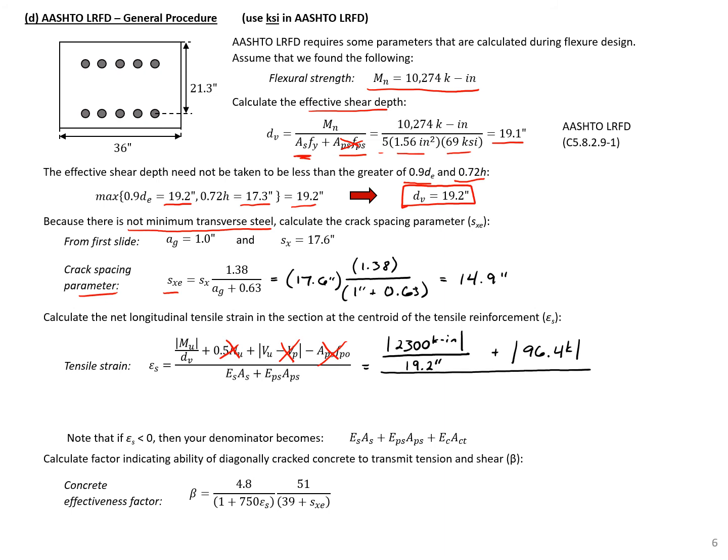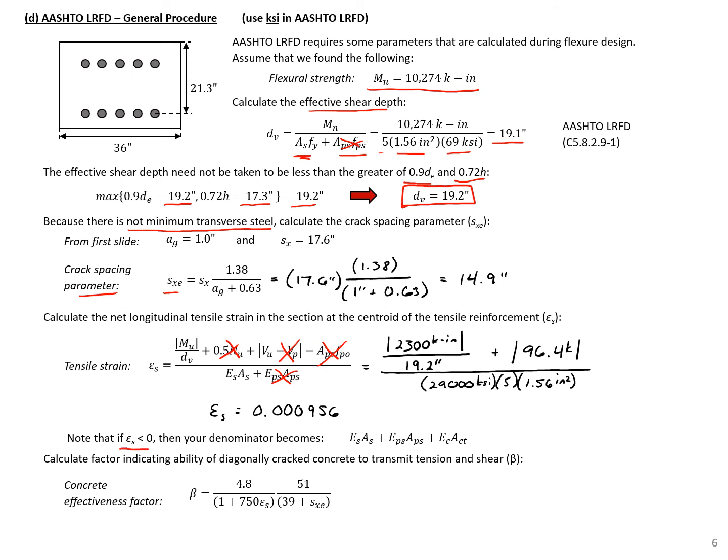We divide this by our denominator, which we again don't have any pre-stressing component, so we only have our 29,000 KSI times our 5 number 11 bars. And we'll find our epsilon S is going to be equal to 0.000956. Note that it's positive, so we have a tensile strain here.